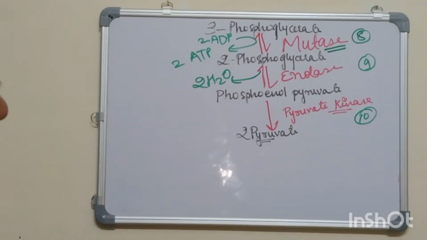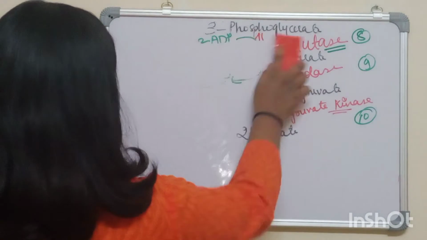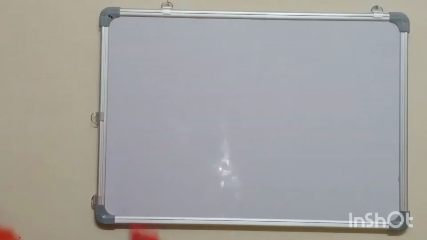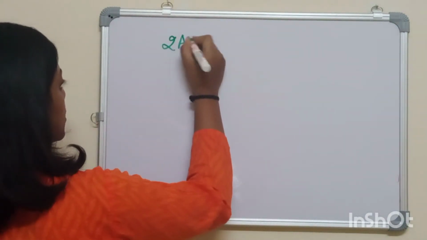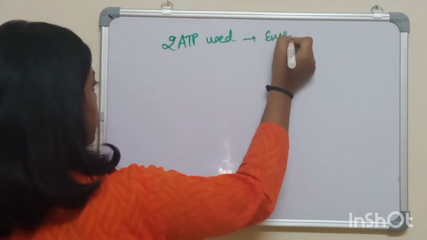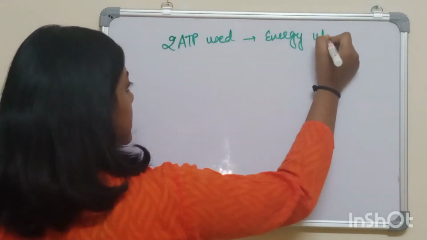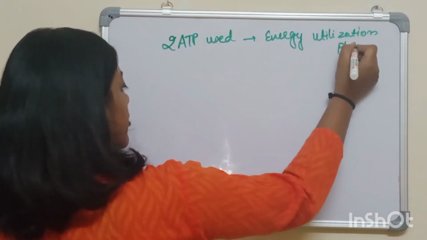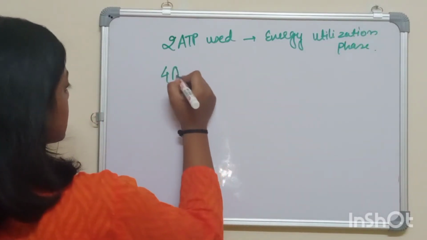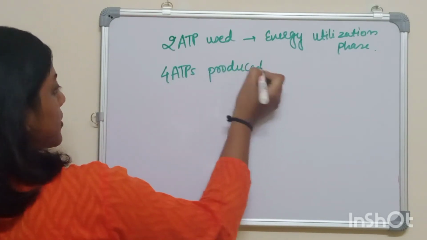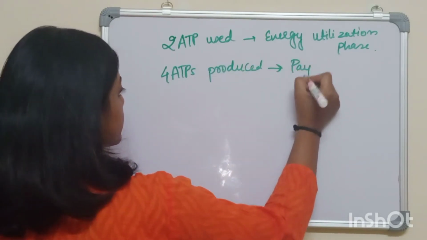Now let's see the summary of the glycolysis. We have seen 2 ATPs were used in the energy utilization phase, and 4 ATPs produced in the payoff phase.